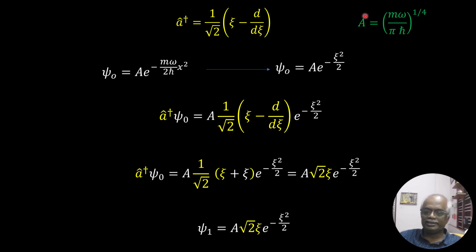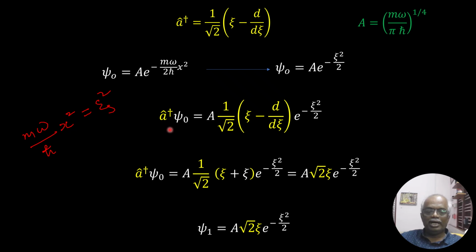We are going to keep this as A. So the wave function for the ground state of the harmonic oscillator is ψ₀ equal to A e to the power minus mω over 2ħ x squared. I am going to keep mω over ħ multiplied by x squared as z squared. So naturally this will become A multiplied by e to the power minus z squared over 2.